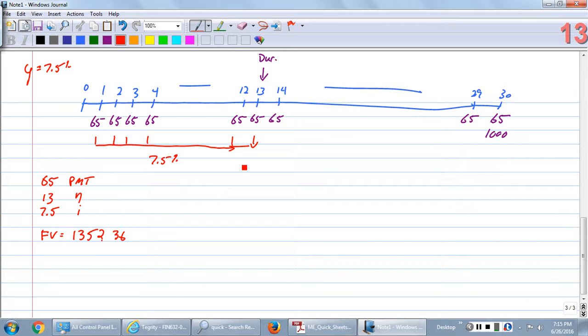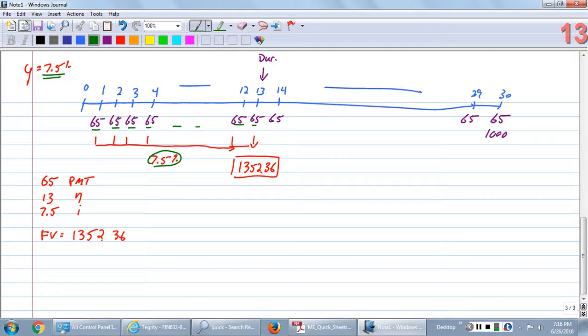So you should have 1352.36 at year 13. I hope you followed that. You've taken each one of these $65 cash flows, and reinvested it at 7.5%, because in this example, the yield to maturity is 7.5%.